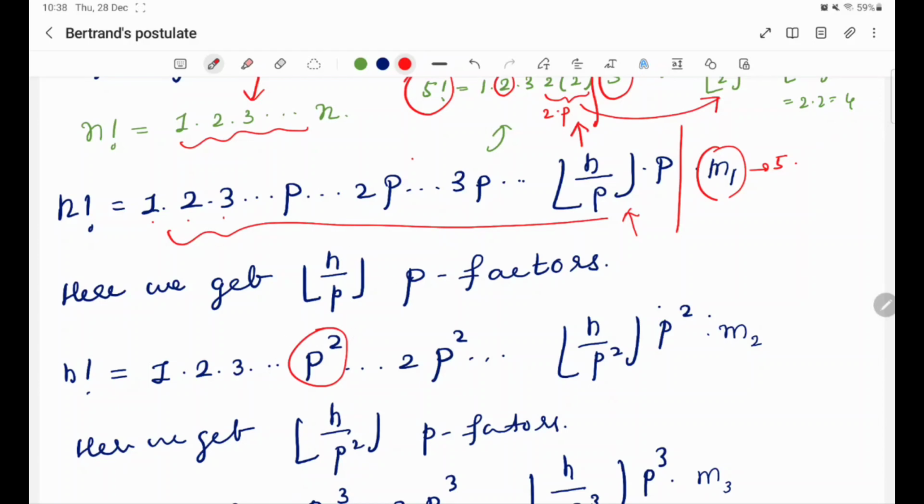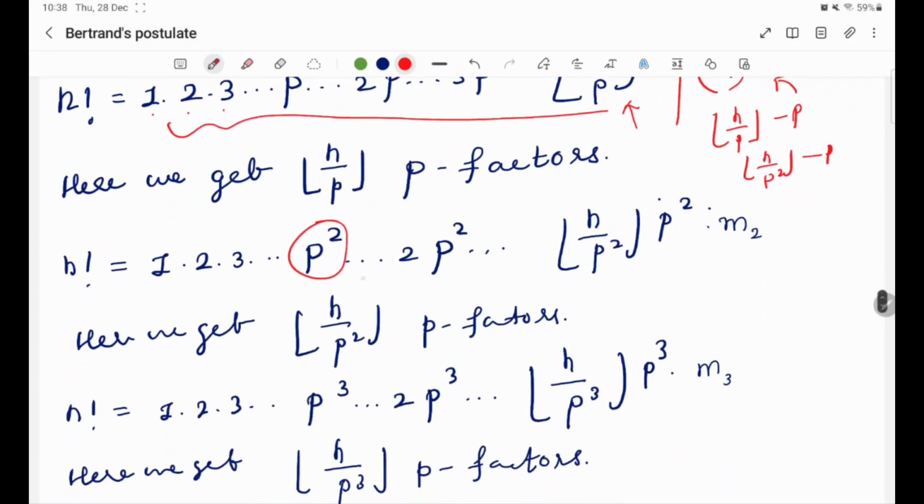That time I am counting what is left here. Then 2p square. So how many times can I go? n by p square times I can go. I got this many p factors in the first case. Now in the second case I get n by p square. So now you have to add both.